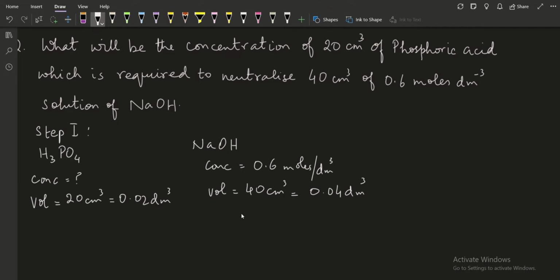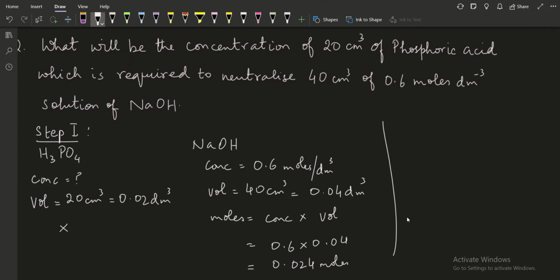Now in step 1, what do we have to do? We have to find moles. We cannot find moles for phosphoric acid, but we can find moles for sodium hydroxide, because we know the concentration and volume. Concentration 0.6 multiplied by volume 0.04, and our answer will be 0.024 moles.